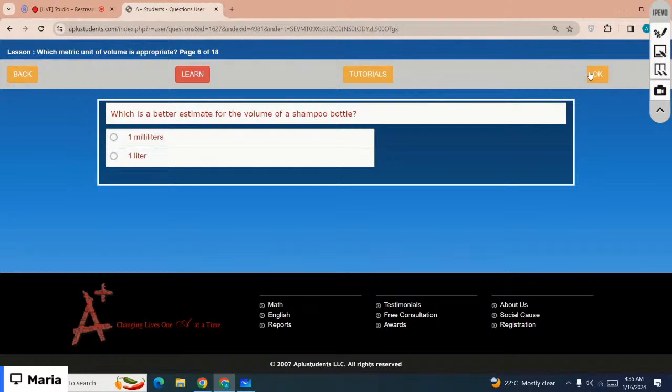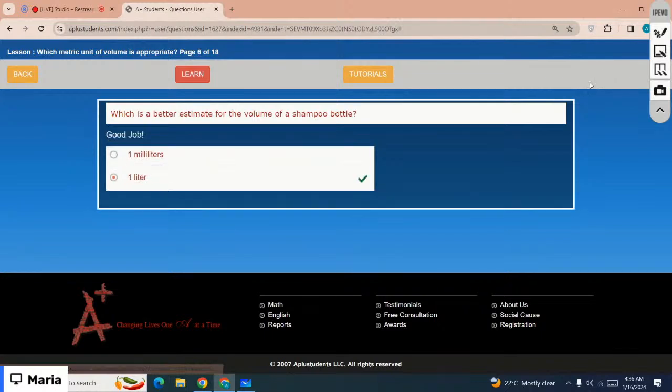That is 1 liter, the correct option. No, a milliliter is too small. That would be 1 liter, since 1 milliliter is too small.